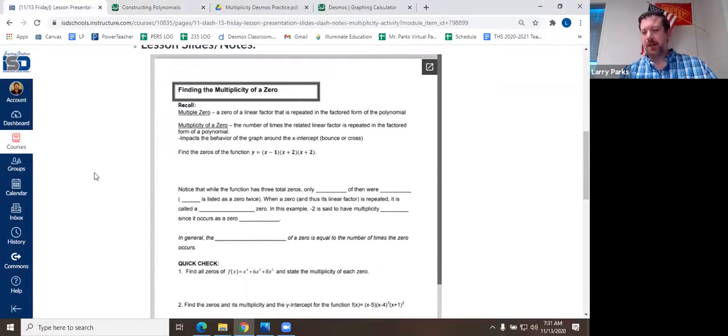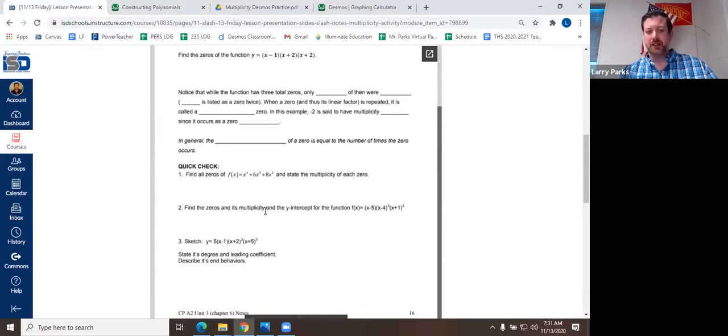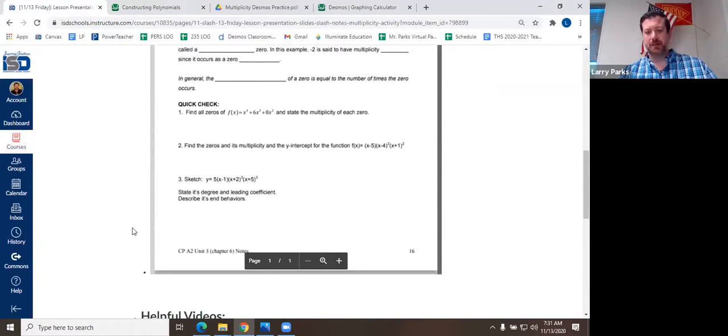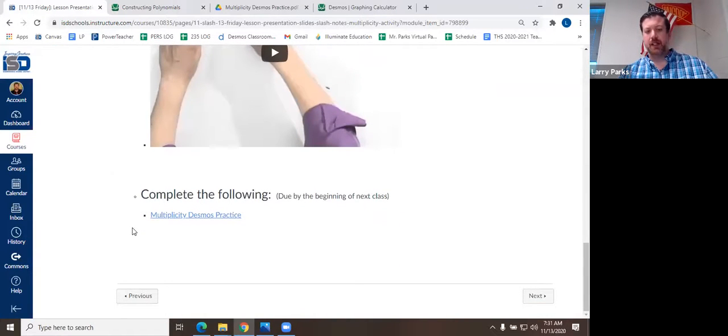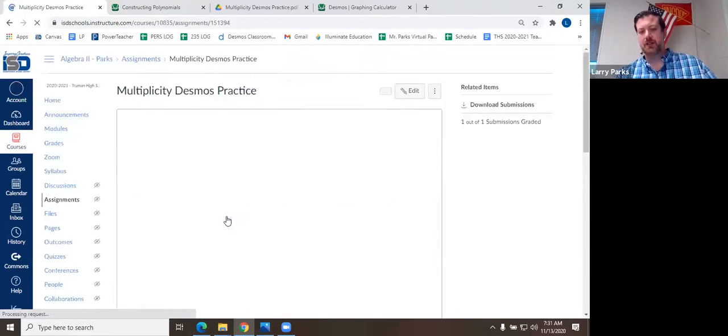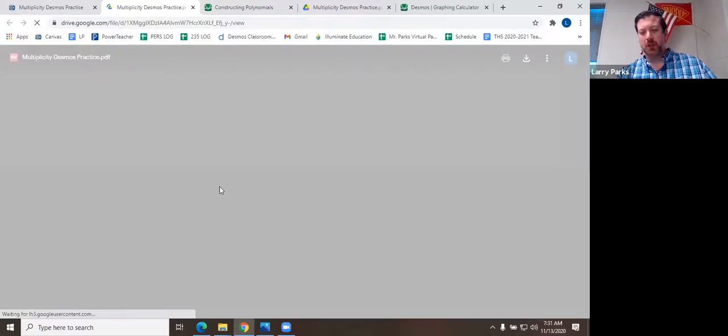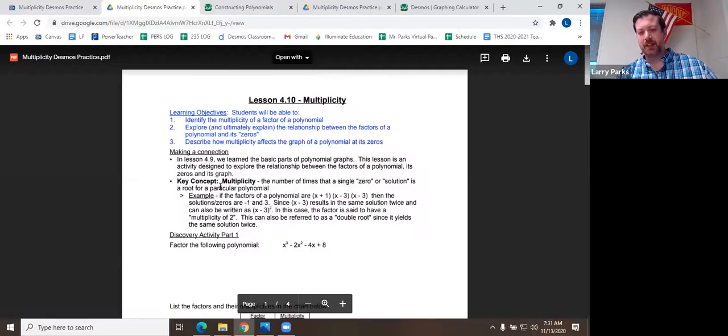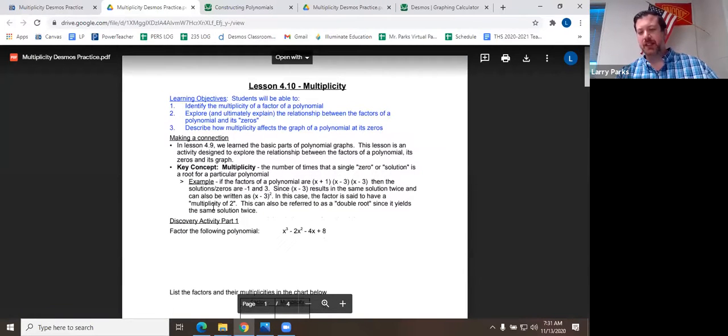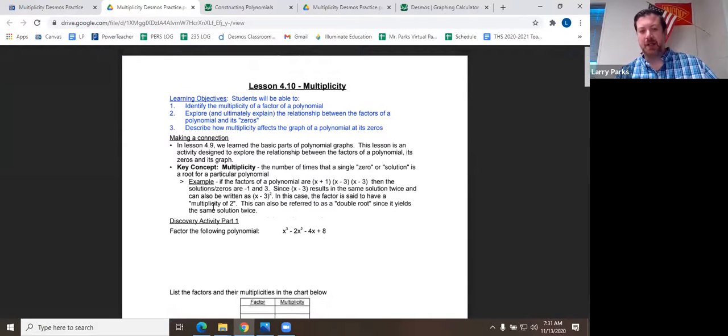And the page I'm about to go over is this guided notes page. Notice it's only one page. And then you have practice that's through Desmos. This is more of an activity to help learn it yourself. But the skill today is to find the multiplicity of a factored polynomial.